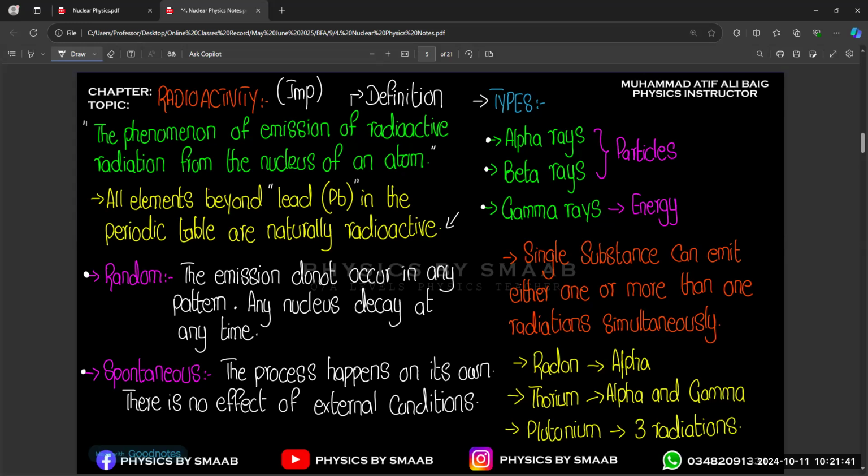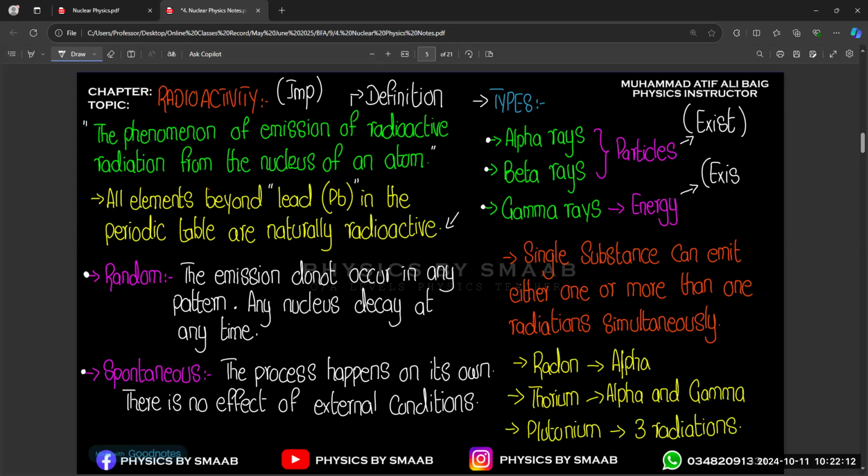Because these two categories exist in particle nature, so you can write alpha particle or beta particle. That is also fine, it's up to you. But gamma rays are in the form of energy. You can see it is mentioned as energy.